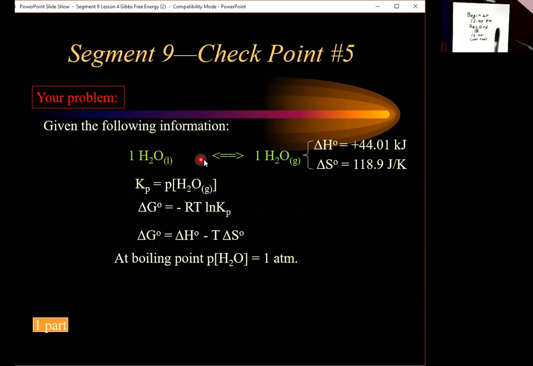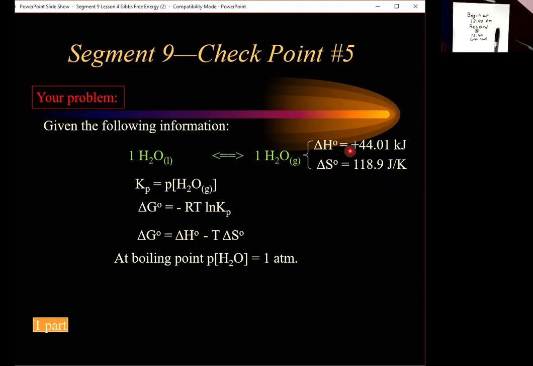There's again, the vaporization of water. Delta H for the vaporization is plus 44.01 kilojoules. Delta S for that is plus 118.9. Well, over here, let's see, do these make sense? If I'm going to take liquid water and boil it, make a gas out of it, I have to put heat into it, don't I, to boil it?